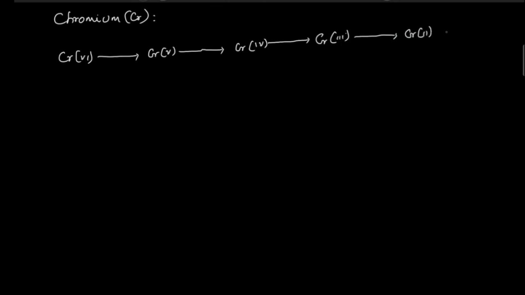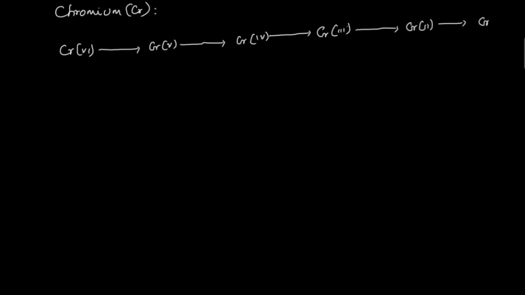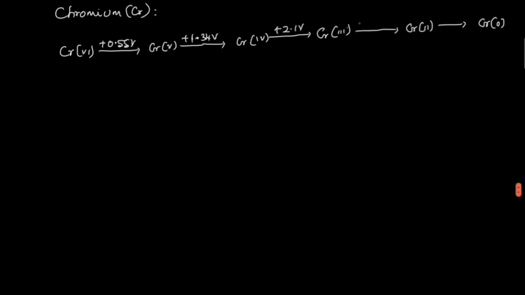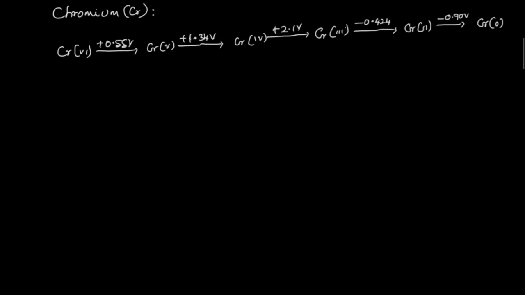Chromium 3 can convert into chromium 2 and finally it can convert into chromium 0. Here the E naught values for these conversions are plus 0.55 volt, plus 1.34 volt, plus 2.1 volt, minus 0.424, minus 0.90 volt.